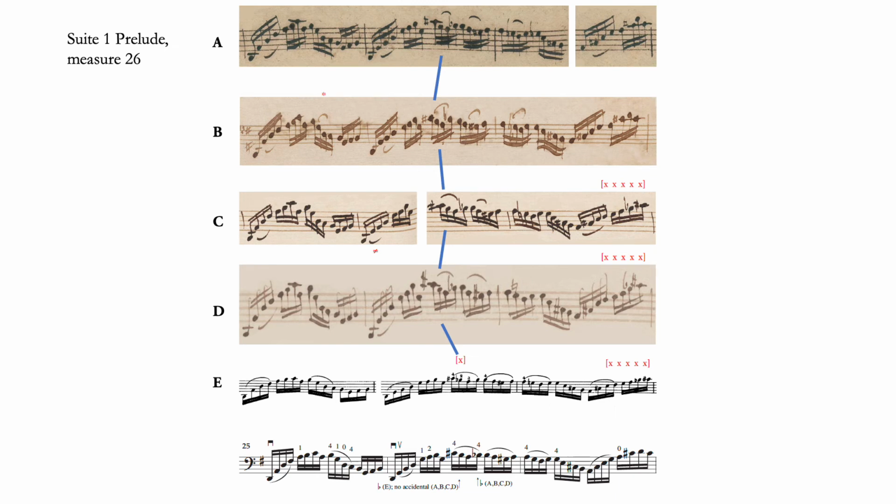So it is in the first edition, from 1824, more than a century after the suites were written, that an editor decided there should be a flat, creating an augmented second from the C sharp. The augmented second is repeated in sources C, D, and E in an editorial rewrite of the end of the following measure.